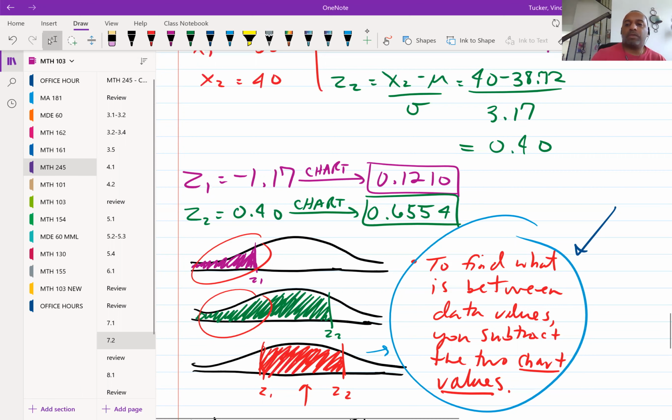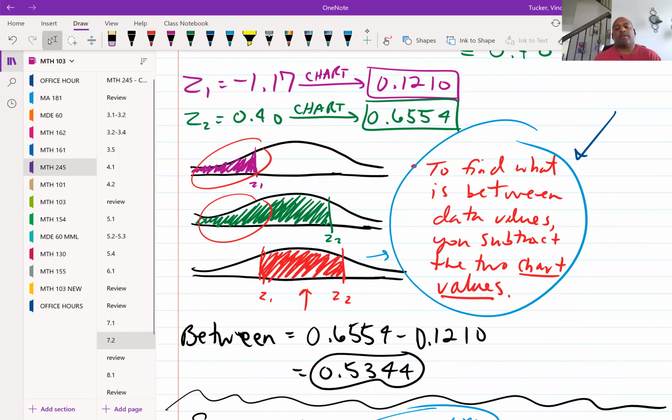All right, so there we go. 0.6554 minus 0.1210 gives us 0.5344. That's the amount of data or the percentage of data or the area between the two values.